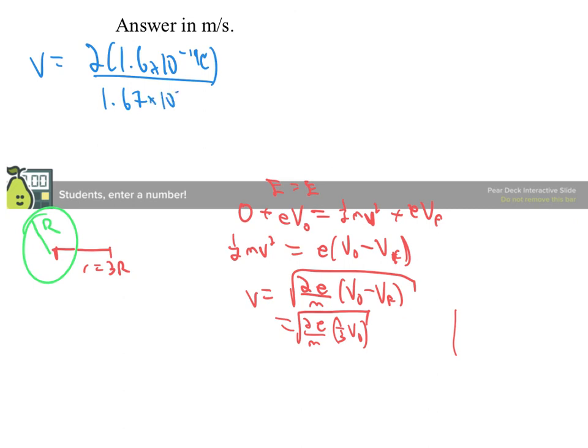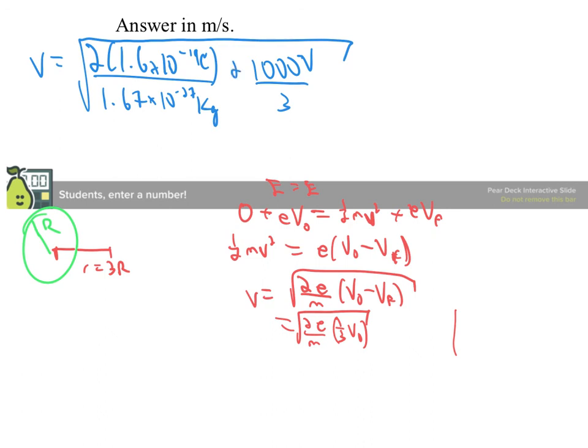These are things that are in appendices or on the equation sheet or live in Google. At some point, you would just have to look them up or learn them, I suppose. Times 1,000 volts over 3. Actually, 2, because this should have been 2/3. It's V minus V0. So times that.